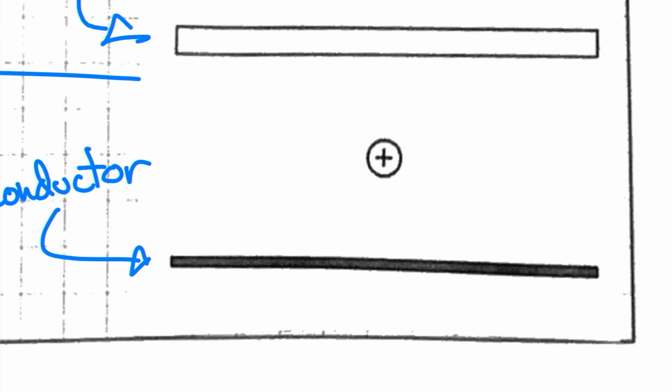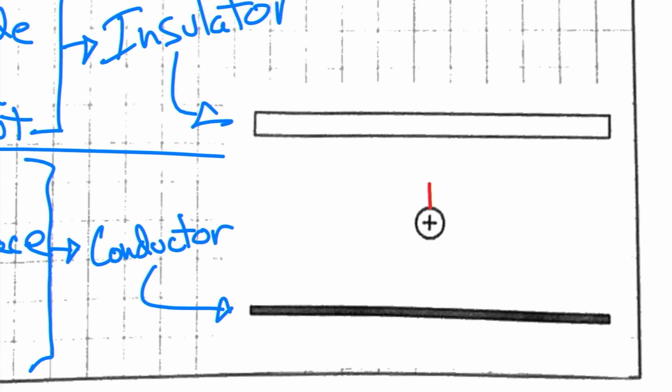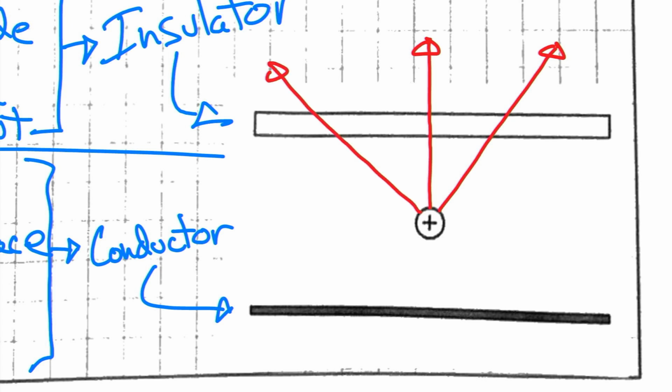So we know the electric field goes away from a positive. So it's going to go away from a positive, it's going to go right up through the insulator, because an electric field can go through the insulator. The conductor, it's going to go to the surface of the conductor. It needs to be 90 degrees, and then it's going to continue on the other side, but it's not going to exist inside the conductor.